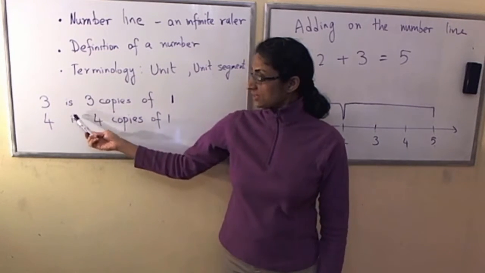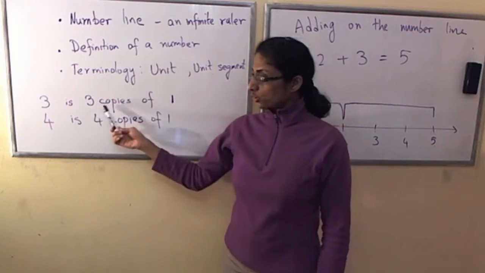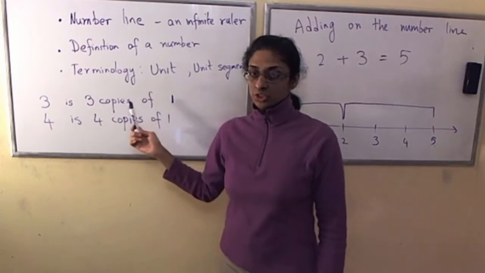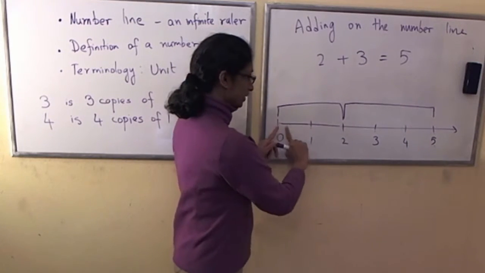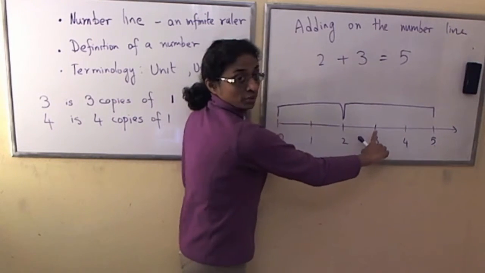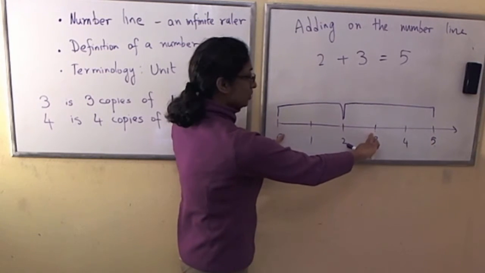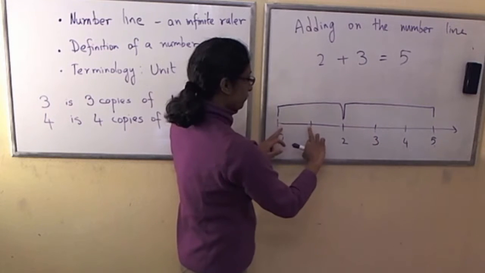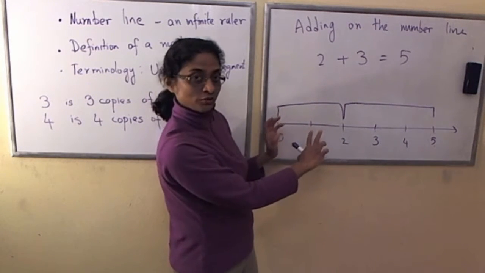Let's see what I have written out here. I've written 3 is 3 copies of 1. That's kind of an unusual phrasing, and it is really a shorthand way of saying the following. Let's look at 3. 3 is a point on the number line. We said 3 is also the length of this segment. And notice this long segment is made up of 3 short segments, and each of the short segments is of length 1.